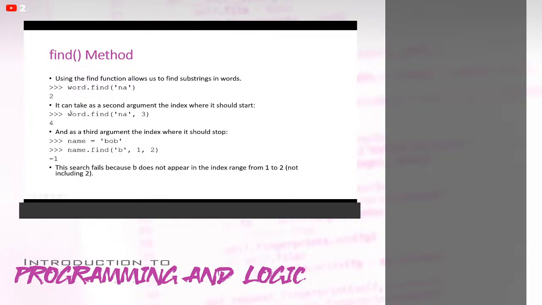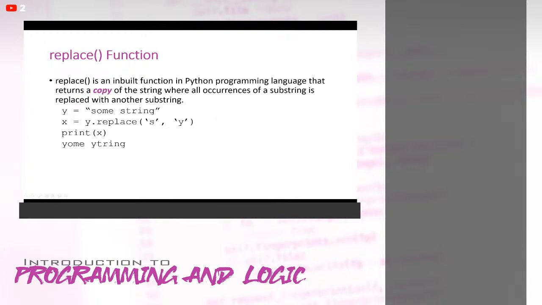We also have the replace function. One of the important things to note about the replace function is that it's not replacing characters in the string the way you might think. Because we just said strings are immutable and you can't replace characters in place.